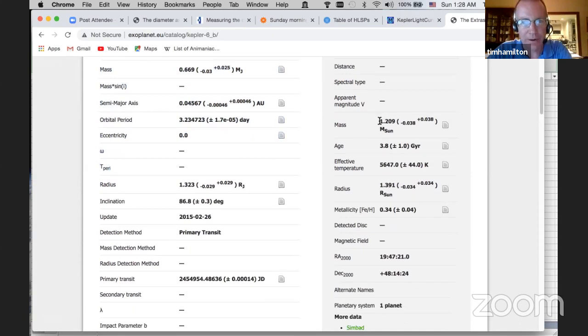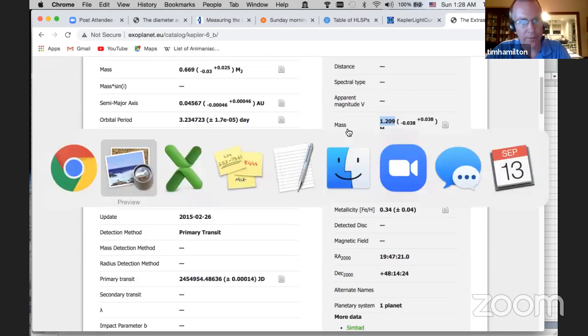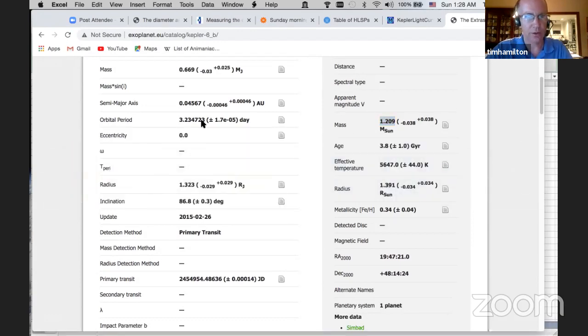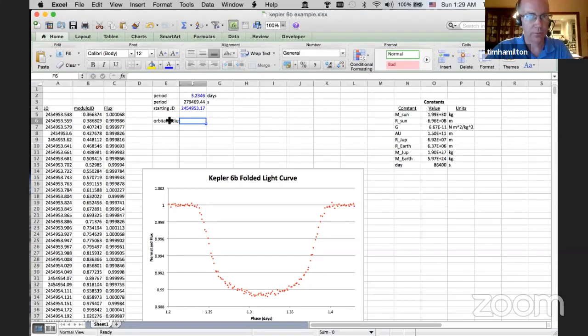We need to know its mass. This is its mass as a multiple of our sun's mass. And we're later on going to get its temperature and its radius. In fact, we might as well just do that, copy those in now. So the mass of the star is 1.209 solar masses.